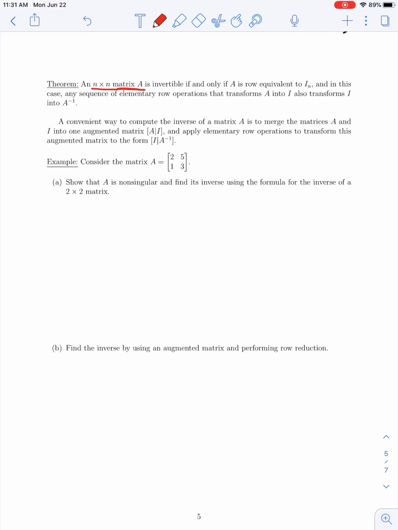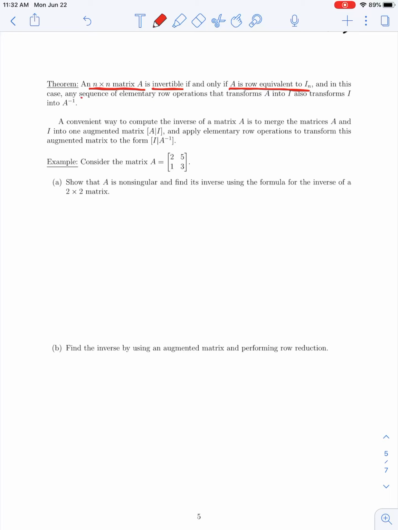So if we have a square matrix A, some n by n matrix, that matrix is invertible if and only if the matrix A is row equivalent to the n by n identity matrix. That is, if it's possible to transform our matrix A into the identity matrix through performing row reduction, then that matrix is invertible.